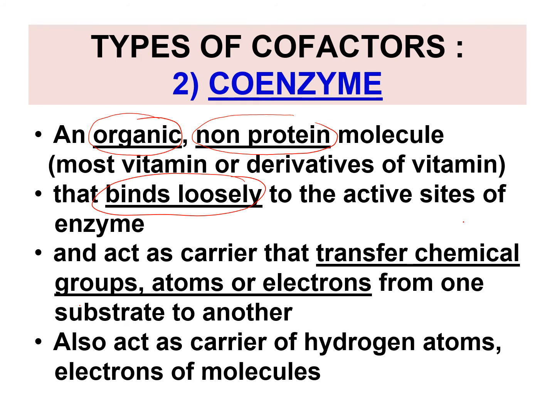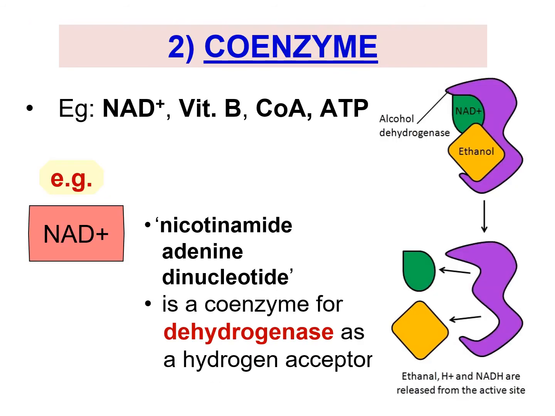It acts as a carrier that transfers chemical groups, atoms or electrons from one substrate to another. It also acts as a carrier of hydrogen atoms and electrons. Examples of coenzyme include NAD+, which we will see more often in our next chapter, cellular respiration, vitamin B, coenzyme A, and also ATP.